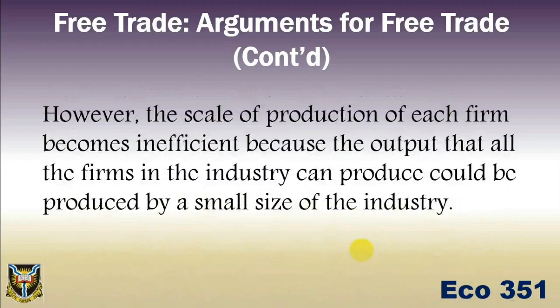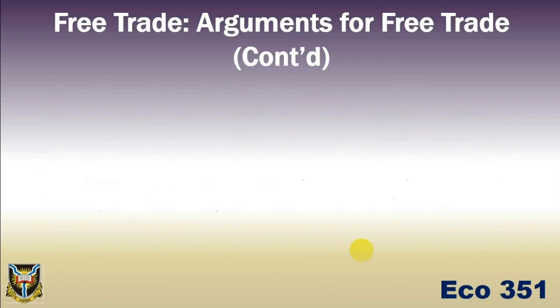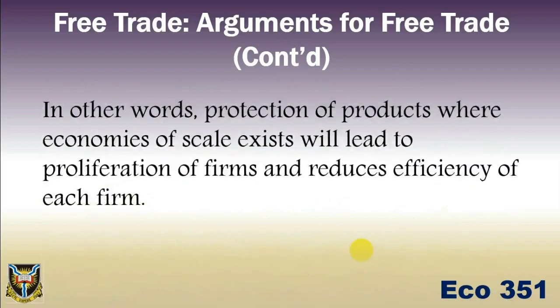However, the scale of production of each firm becomes inefficient because the output that all firms in the industry can produce could be produced by a smaller size of the industry. In other words, protection of products where economies of scale exist will lead to proliferation of firms and reduces efficiency of each firm.